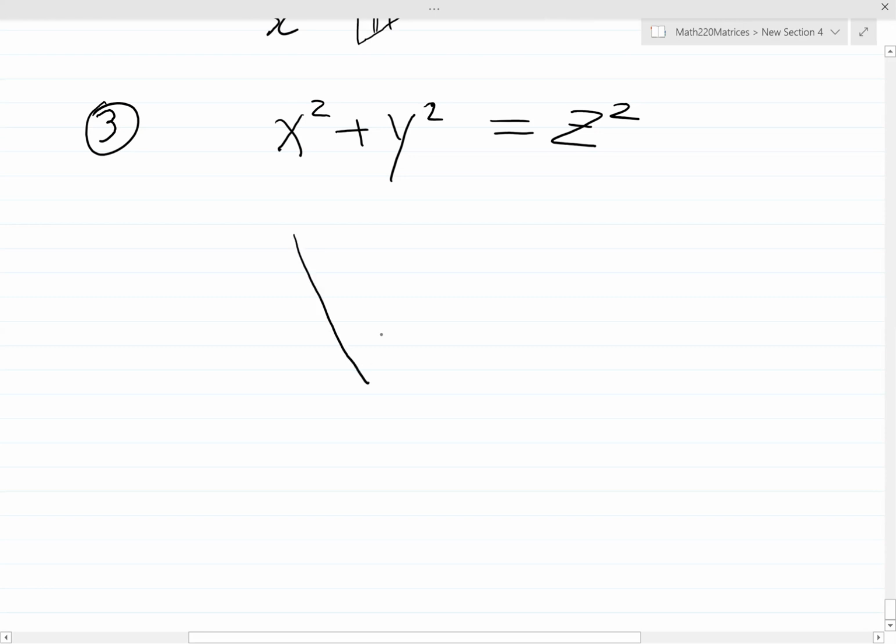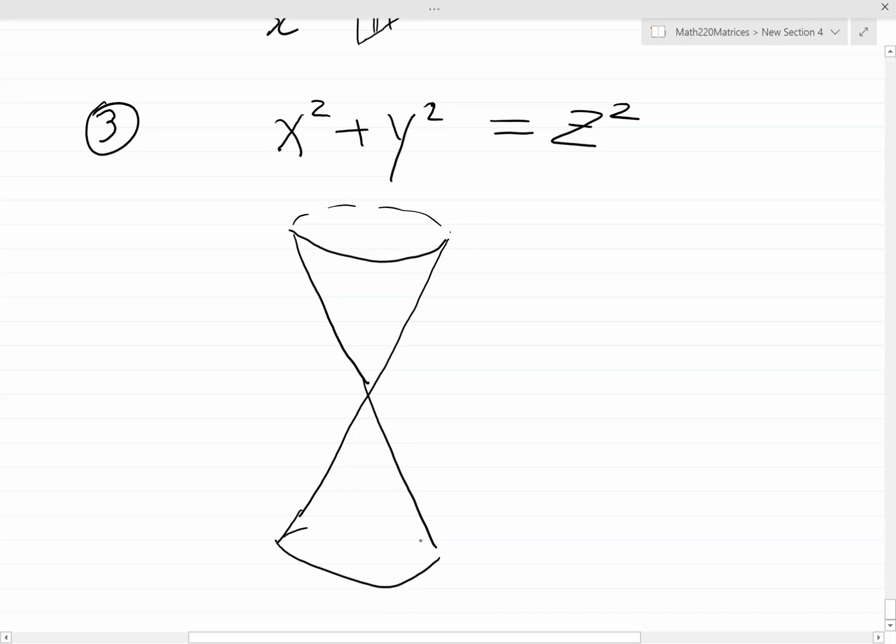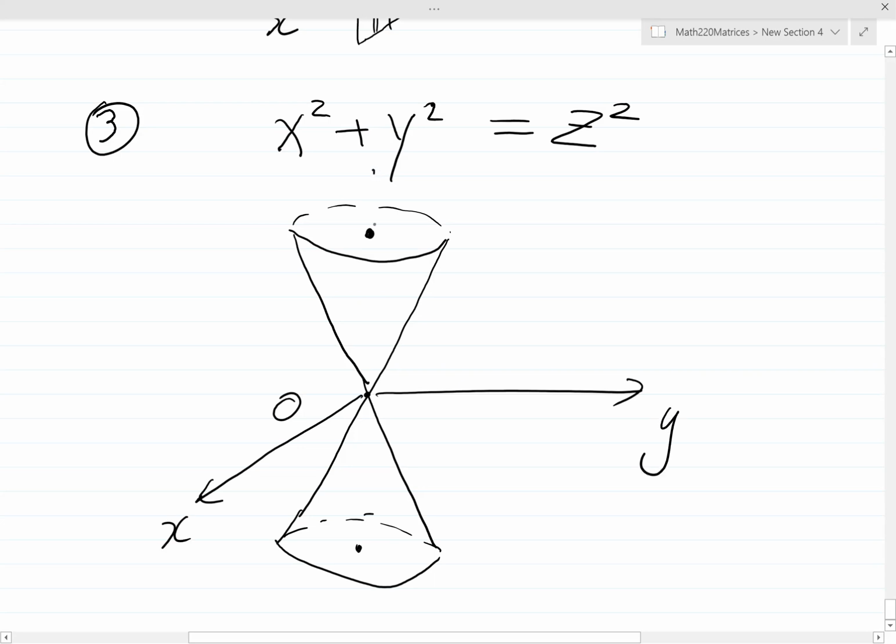First of all, x squared plus y squared is the distance of a point to the z-axis, or distance squared. So this is the z-axis, this is O. We have x, we have y, and we have z, the z direction.